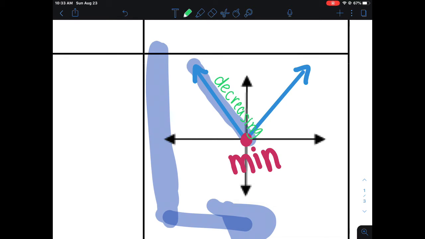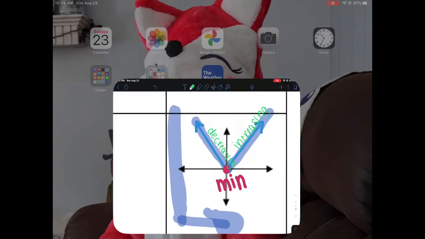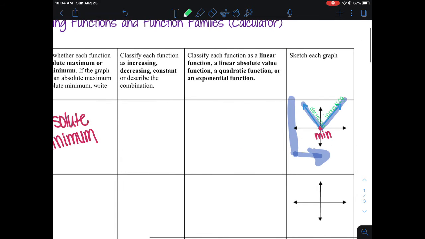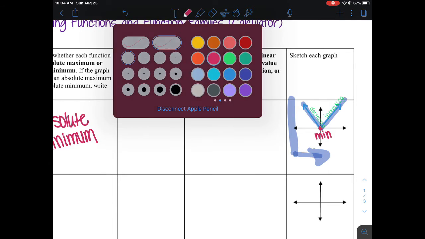And then from there, what's going on from left to right? Am I walking up a hill or am I walking down a hill? And I am walking up a hill from left to right, so follow the highlighter. From left to right, I'm going up, so I am increasing. So classify how each function is moving here.